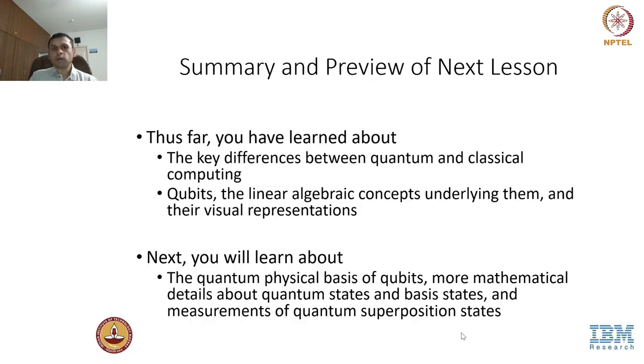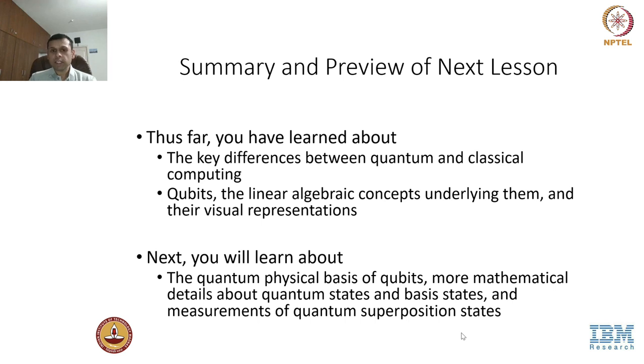So this concludes our first module, and let's just summarize what you learned and what you're going to learn in the next few modules. Thus far, you've learned about the key differences between quantum and classical computing, and you've learned about qubits, the linear algebraic concepts that underlie them, and their visual representations using the Bloch sphere. Next, you will learn about the quantum physical basis of qubits.